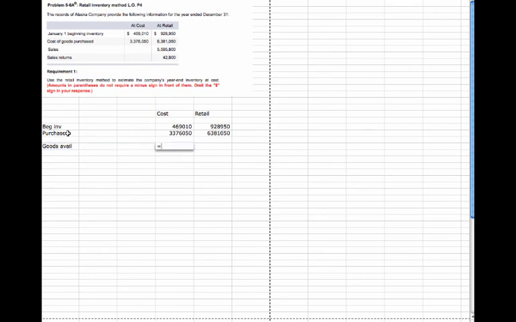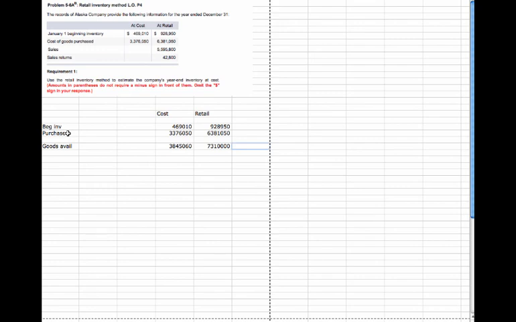So I can take my beginning inventory plus my purchases to give me $3,845,060 at cost. And then with the same formula for retail, I'm going to have $7,310,000 for goods available at retail.